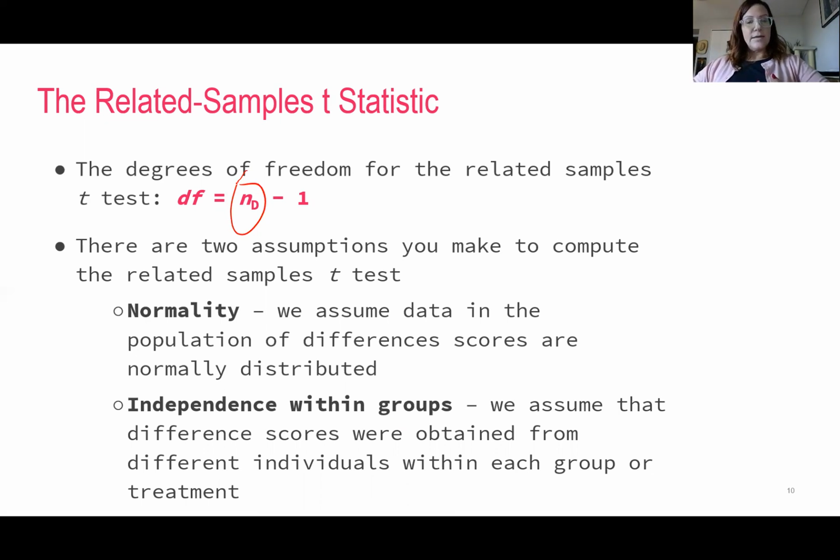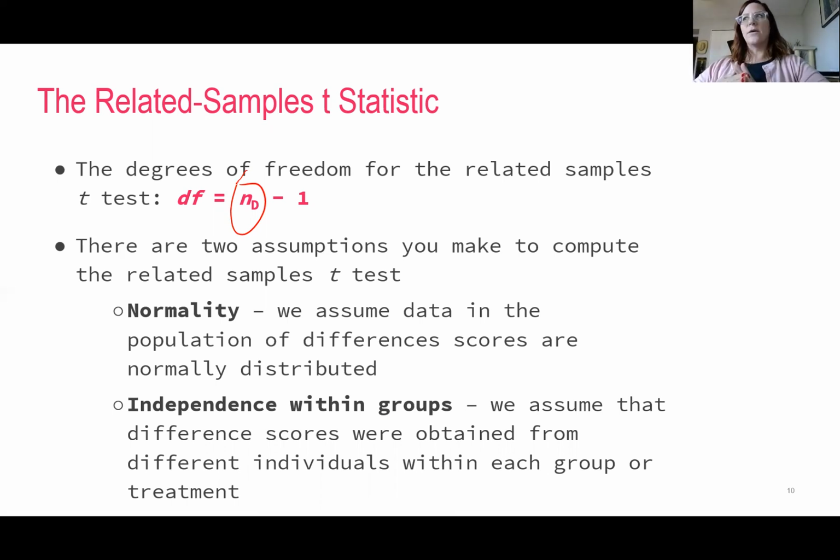The second thing is independence within groups. The independent t-test was independence between groups. This is independence within groups. So basically, none of the scores from the participants were affected by the other people within the groups. So there's no influence within each group or treatment.